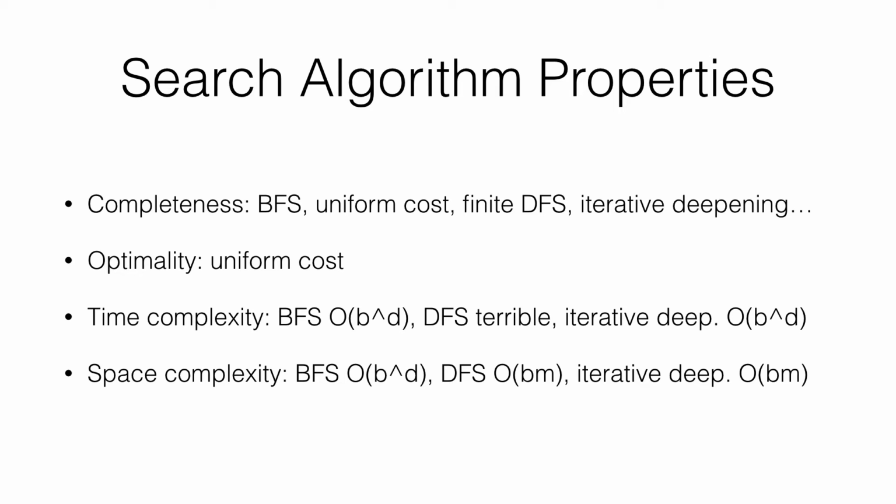We talked about which ones are complete, which ones are optimal, and what the time complexities are of different algorithms. And one of the things we had to consider in these analyses is whether a search space is infinite or finite, and that changes what the properties of the algorithms are.